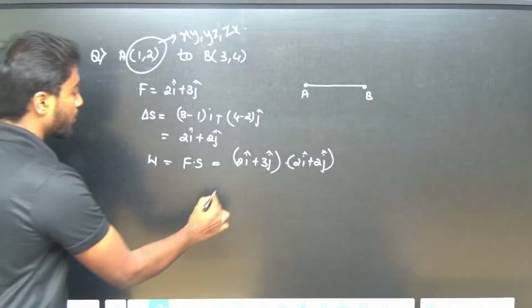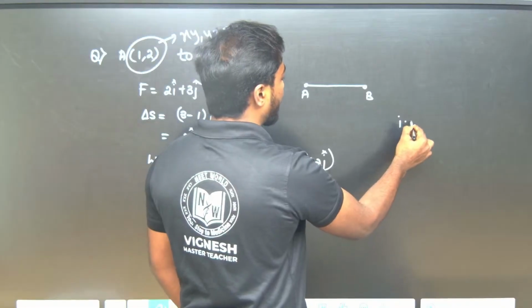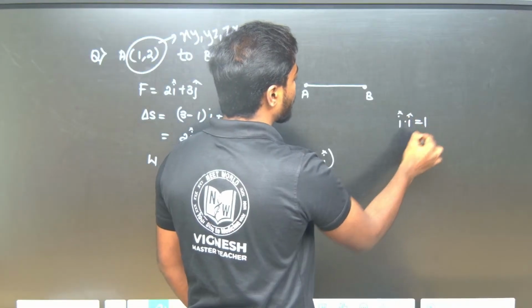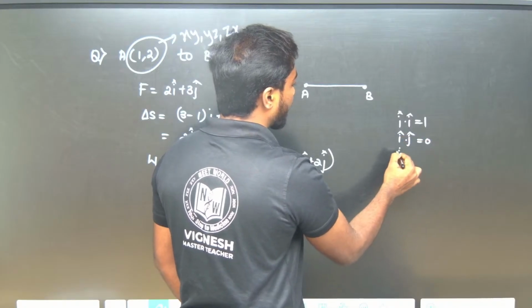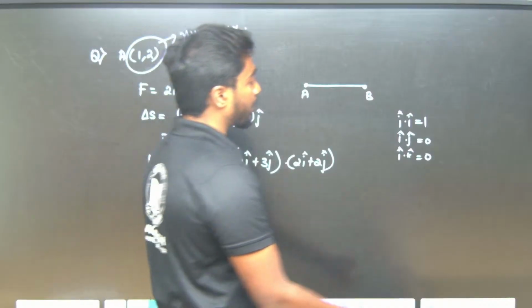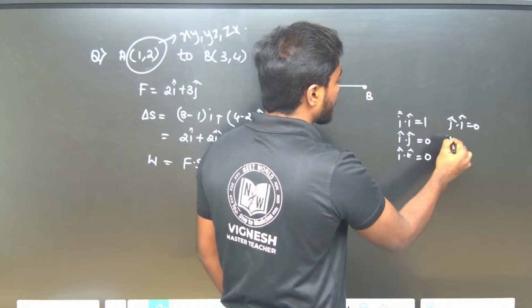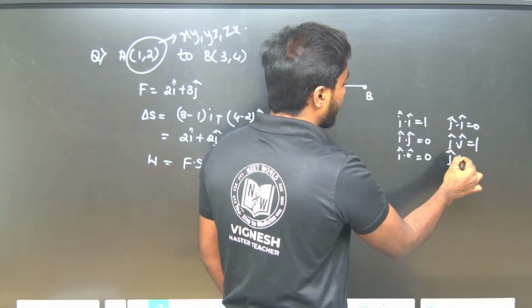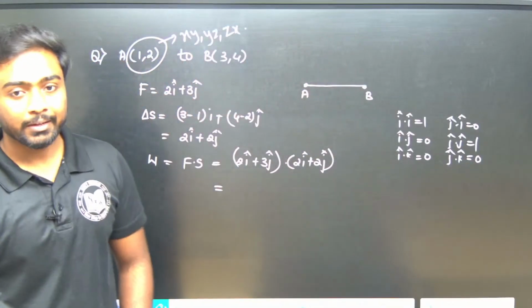When I talk about dot products, i cap dot i cap will be equal to 1, i cap dot j cap will be equal to 0, i cap dot k cap will be equal to 0. Similarly for j cap also, j cap dot i cap will be equal to 0, j cap dot j cap will be equal to 1, j cap dot k cap will be equal to 0. Similarly for k also.